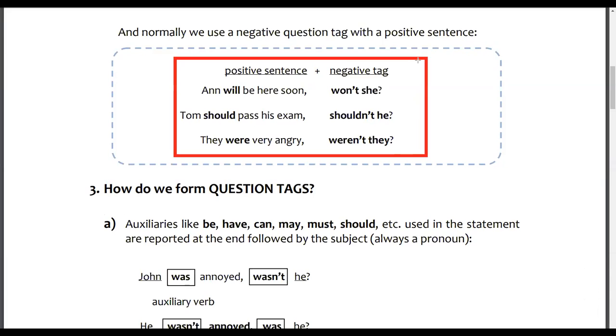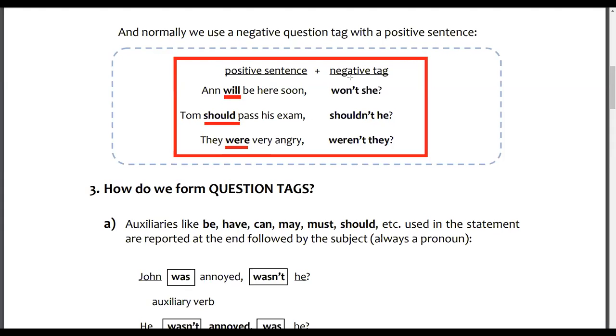That's a positive sentence that we're now taking a little look at. So in the positive sentence here, you have will as the auxiliary verb, a positive one. Should as well in positive form. And were, which is the past tense of be in a plural way in affirmative.